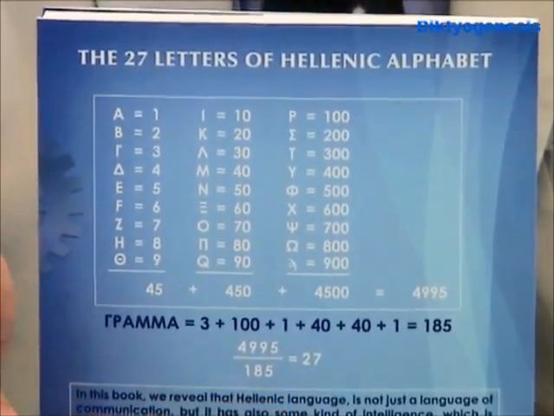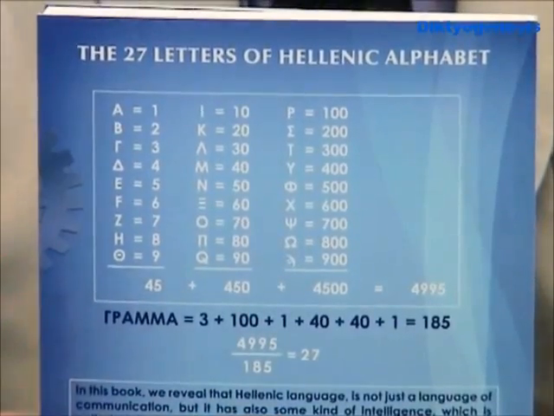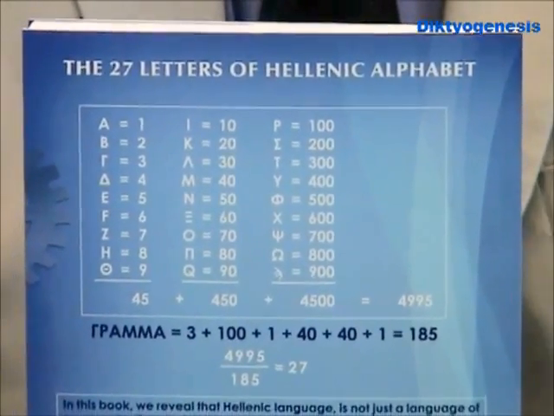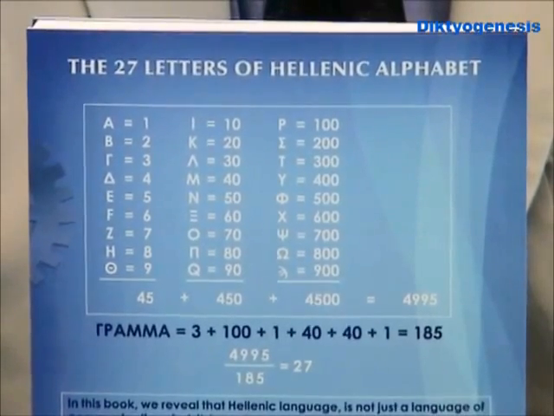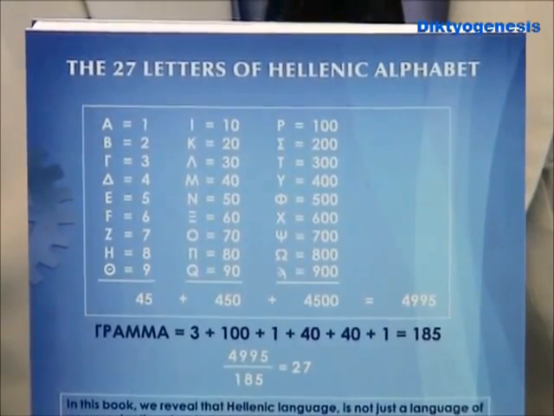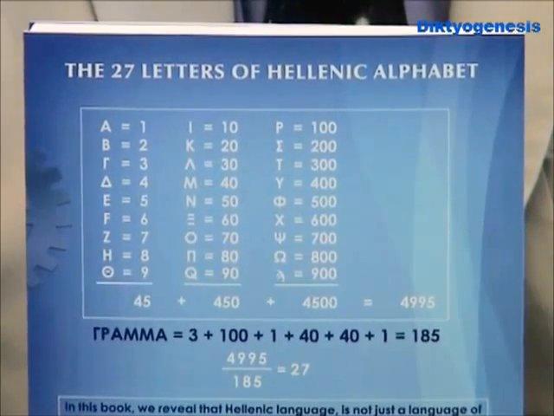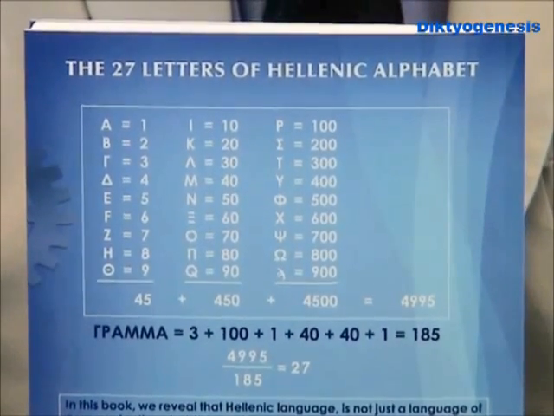If we take the number 4,995 and divide it by the number 185, we will get as quotient the number 27. Where did we find the number 185?